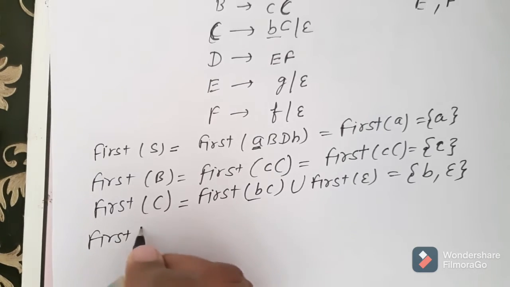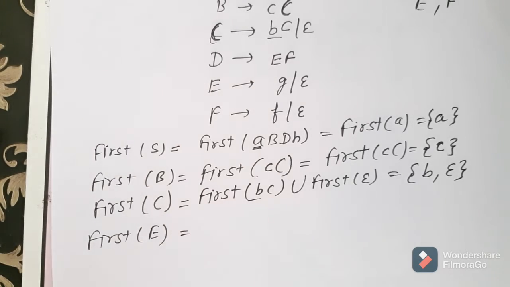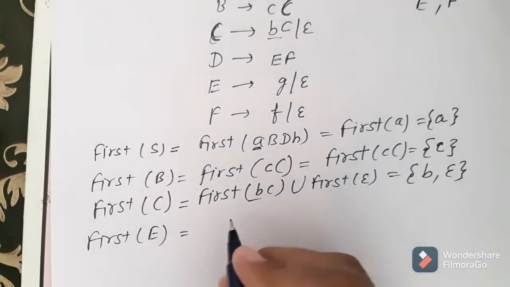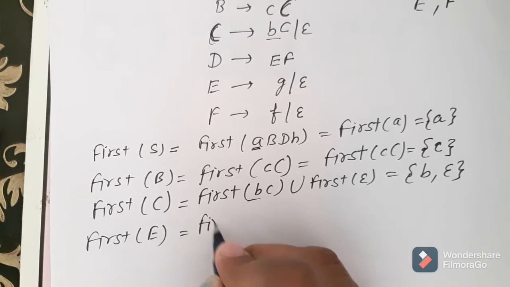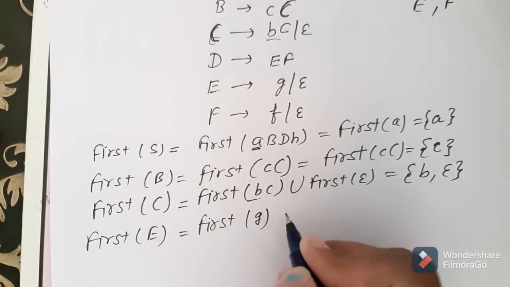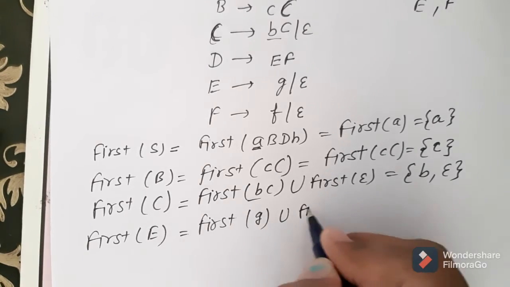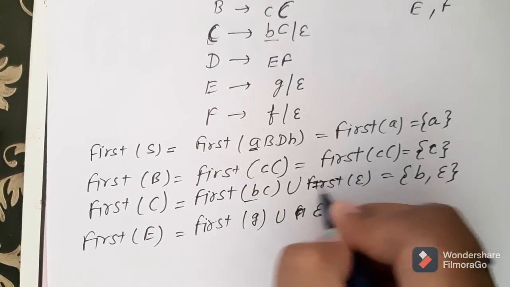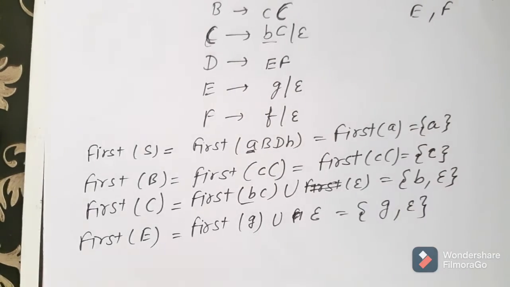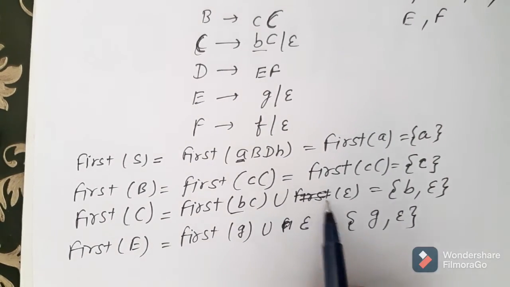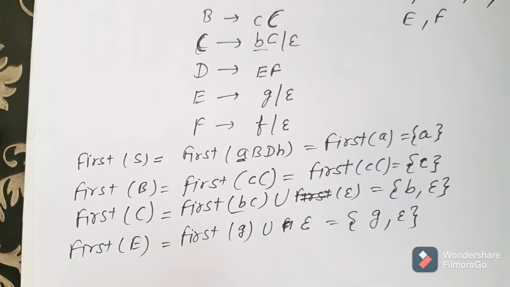After this I will calculate first of E. First of E has two alternatives, and these two alternatives are first of G union epsilon, so G and epsilon. Here we cut first, because epsilon we can directly add.